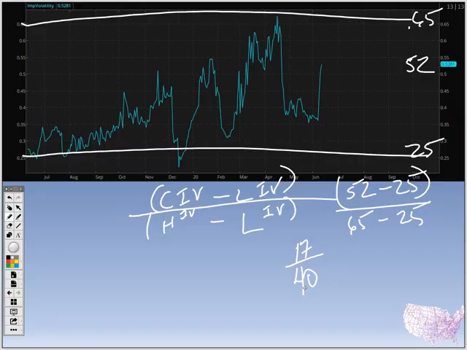So 40 goes into 170 4 times, right? So 4, and we've got 100 left over, so it goes in 2 times, so it's got to be higher than the 42nd percentile. I need my math.